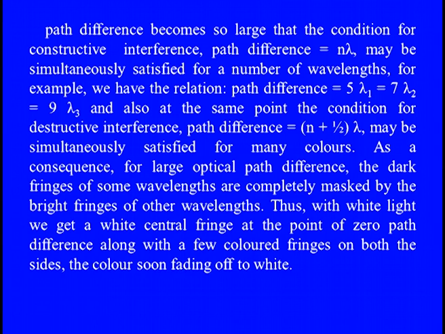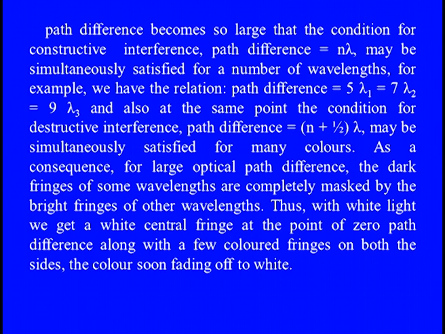For example, we have the relation path difference equal to 5 lambda 1 equal to 7 lambda 2 equal to 9 lambda 3, and also at the same point the condition for destructive interference, path difference equal to (n plus half) lambda, may be simultaneously satisfied for many colors.